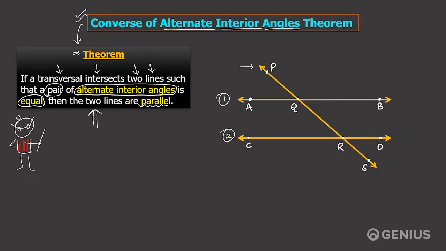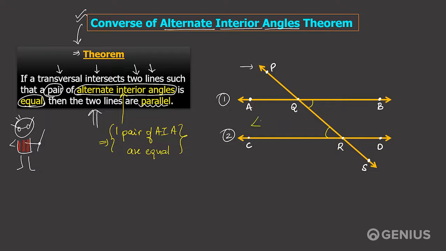Next part of the theorem is important, तो ध्यान से सुनना, ठीक है? We have a transversal that intersects two lines such that a pair of alternate interior angles is equal. अभी इसका क्या मतलब है? It means that we have at least one pair of alternate interior angles that are equal.